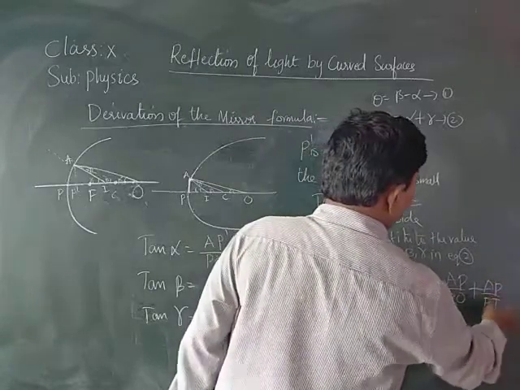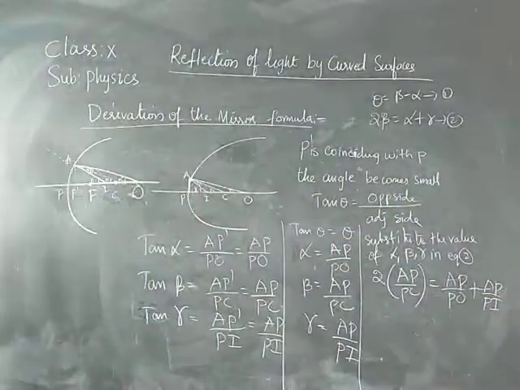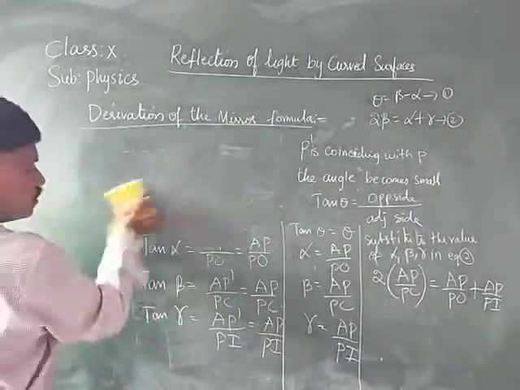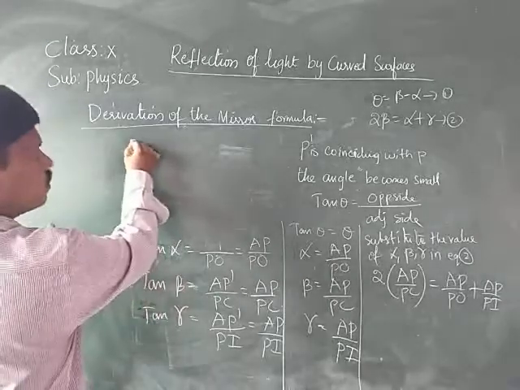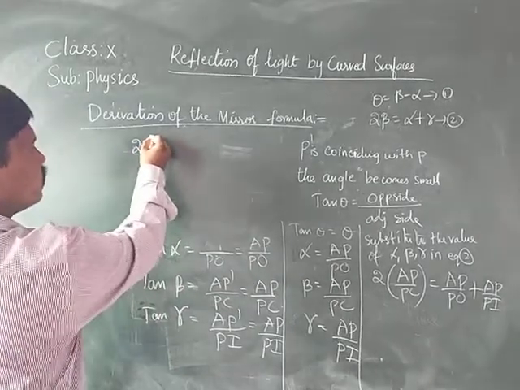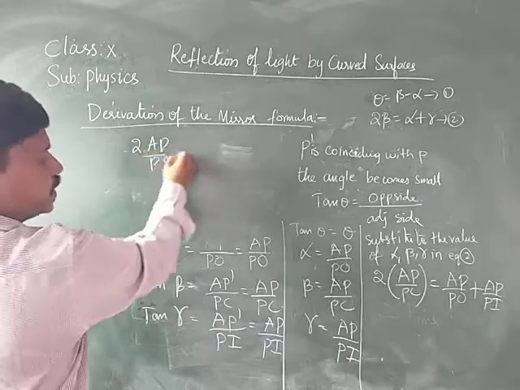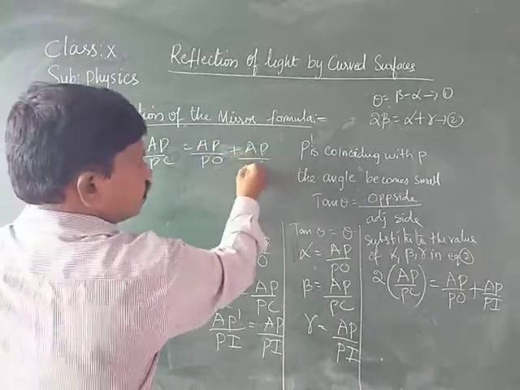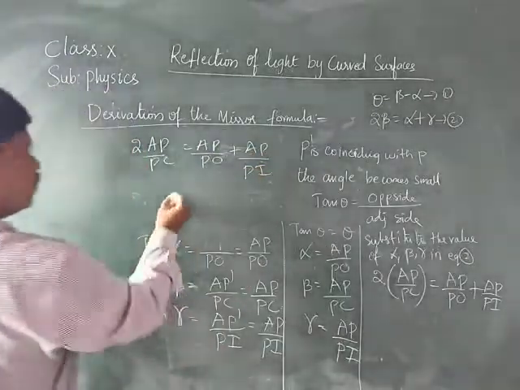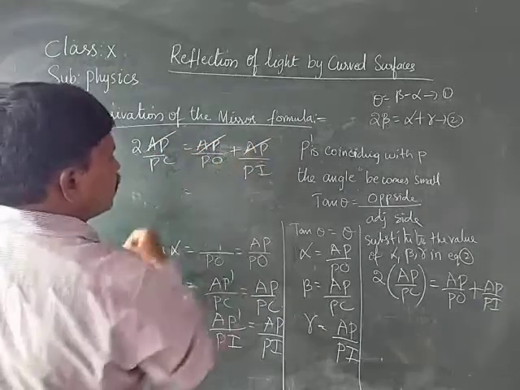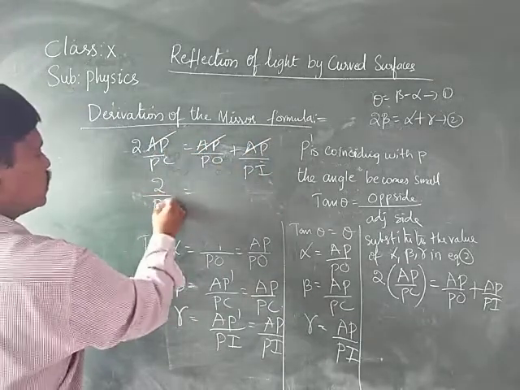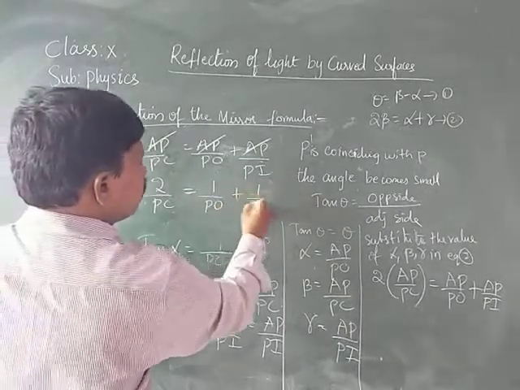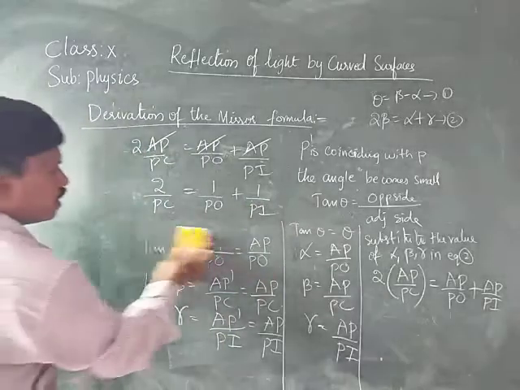Now look here, I am rubbing off this figure. Therefore, we are getting 2 into AP by PC is equal to AP by PO plus AP by PI. Here AP all cancel. Therefore, 2 by PC is equal to 1 by PO plus 1 by PI.